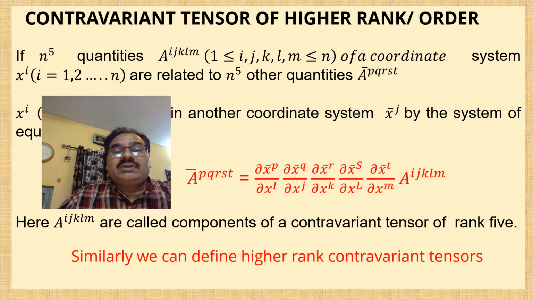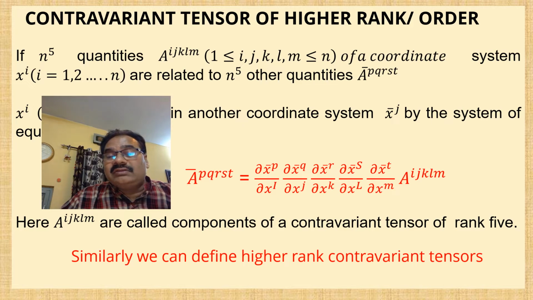If n power 5 quantities a i j k l m, where the indices vary from 1 to n in a coordinate system x i, are related to n power 5 other quantities, say a bar p q r s t, where p q r s t vary from 1 to n in another coordinate system x bar j, then a bar p q r s t is equal to del x bar p, del x bar q, del x bar r, del x bar s, del x bar t in the numerator, and in the denominator del x i, j, k, l and m, times a i j k l m.